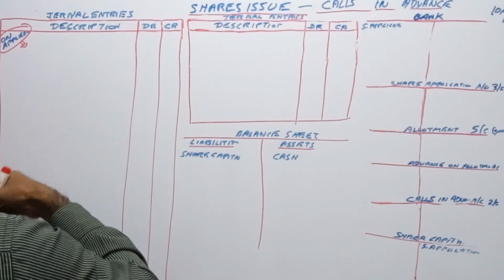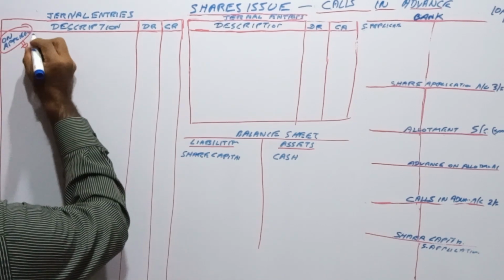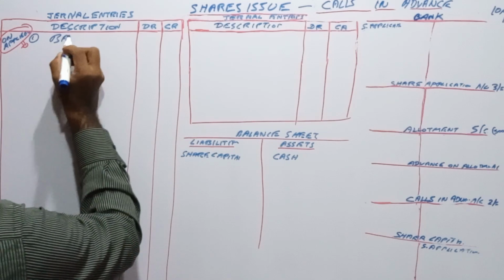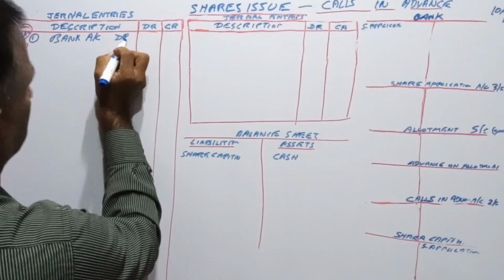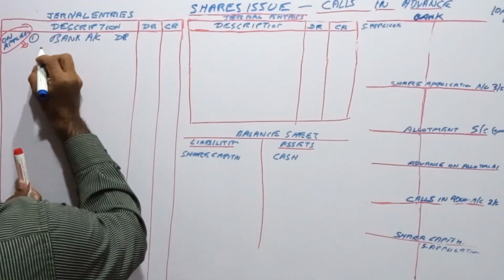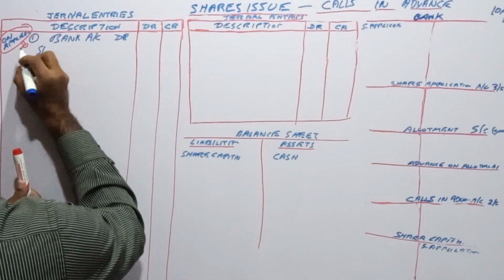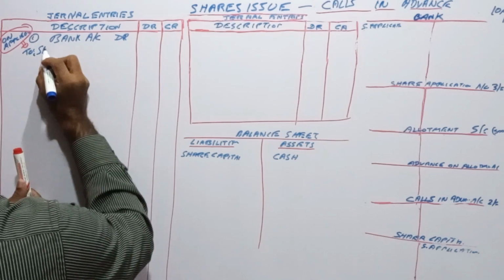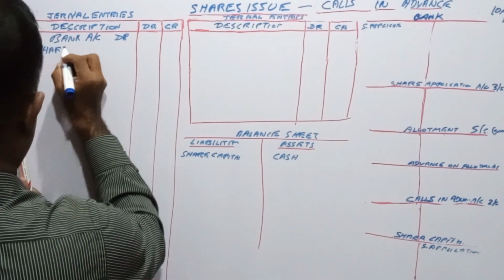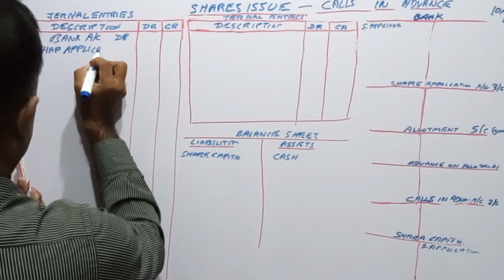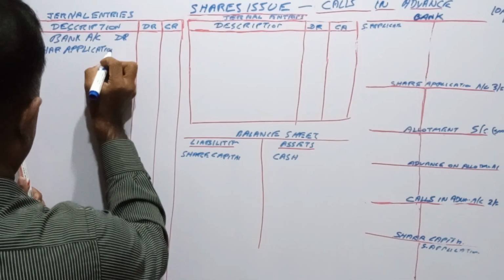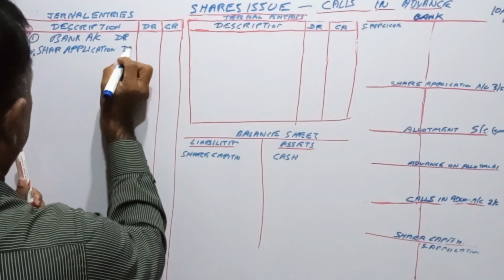Number 1, journal entry: bank account debit and share application account credit.